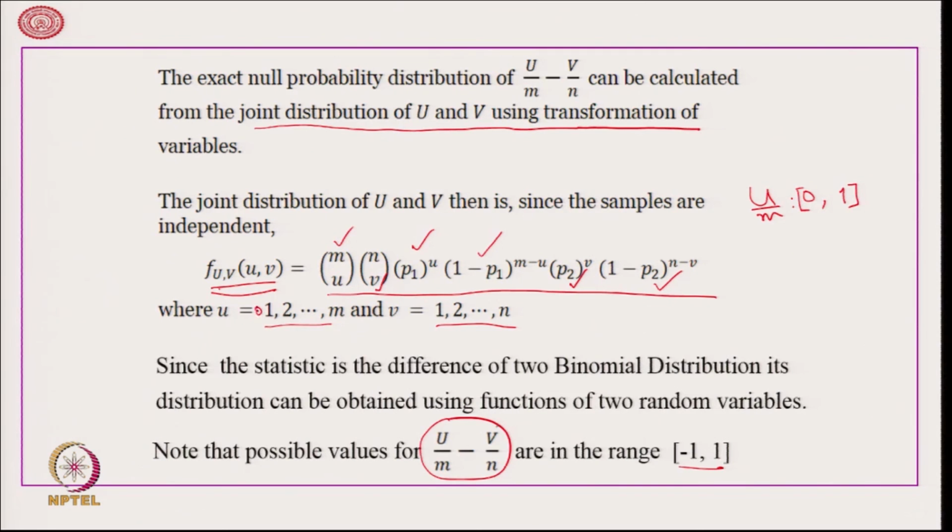In fact, they can take the value 0 also. Therefore, u/m can take values 0 to 1, and similarly v/n can also take values between 0 and 1, and therefore this statistic can be in the range minus 1 to plus 1.